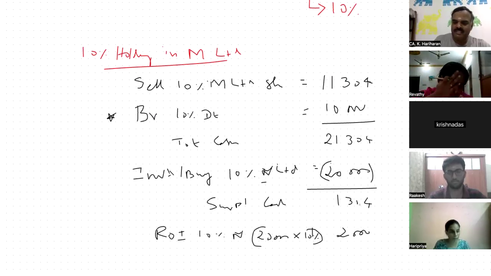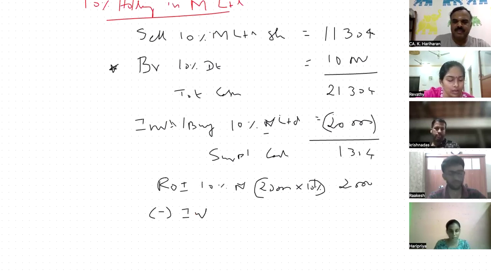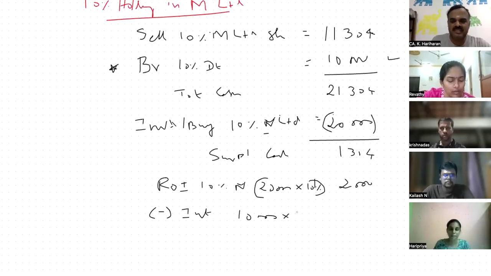The interest on borrowing is 7%, the rate of interest. Out of profit only you have to pay interest. How much interest are you going to pay? 700.